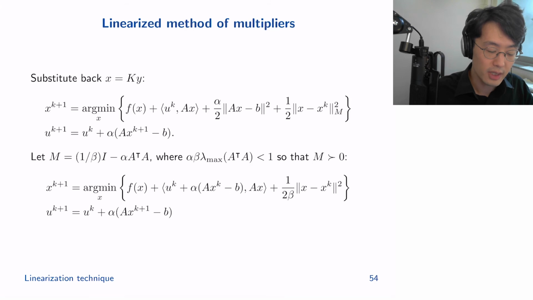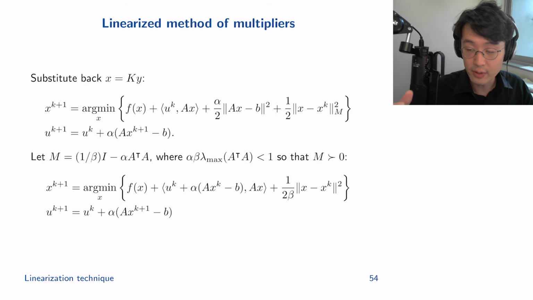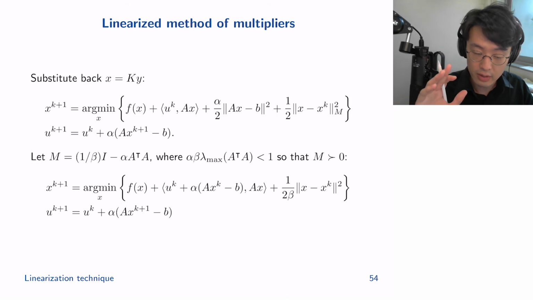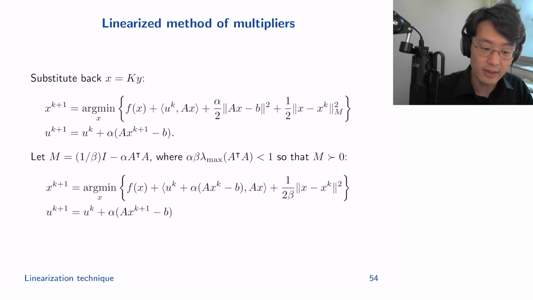So now we went to the y variables, applied the proximal method of multipliers, and then reverted back the change of variables. And the result of that is that we get the matrix M here.